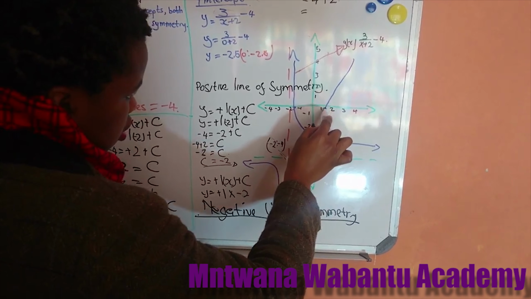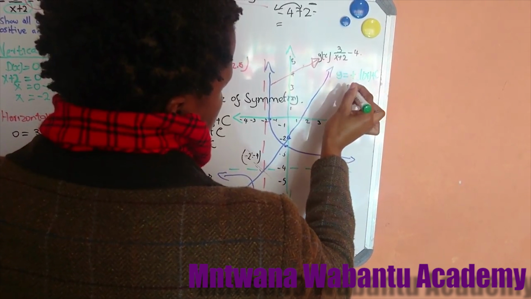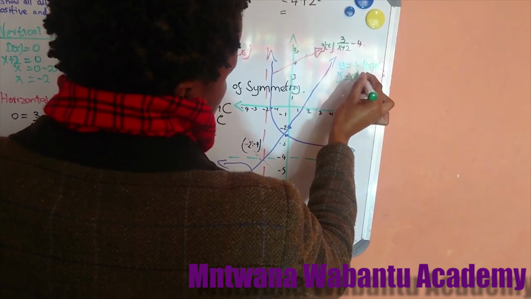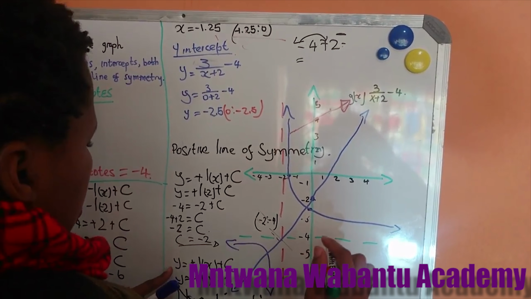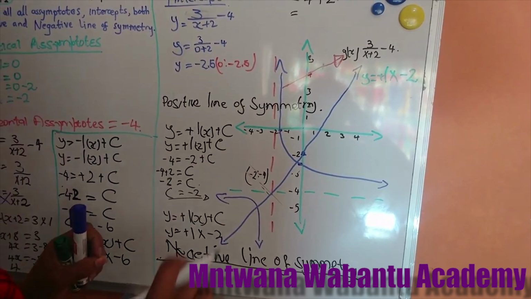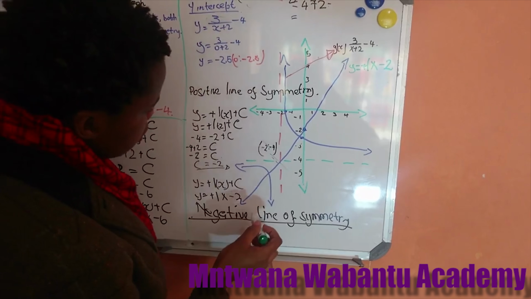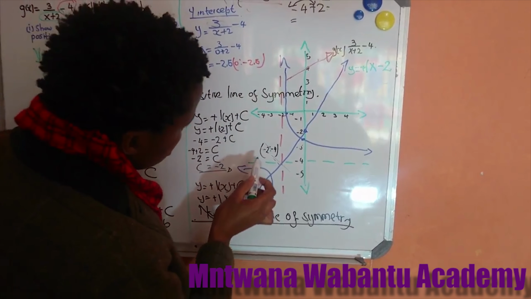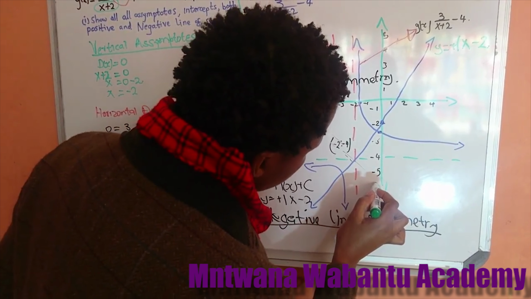Okay, y equals plus 1x plus c. Write y equals x, and for the negative 2, you take negative 6.